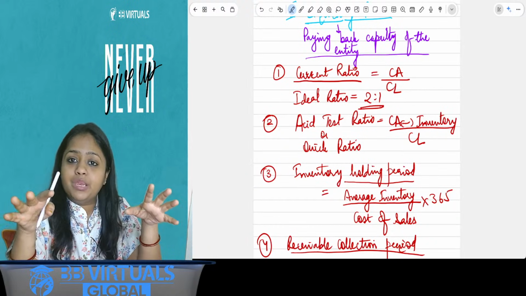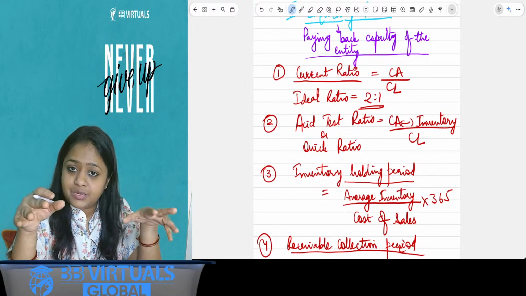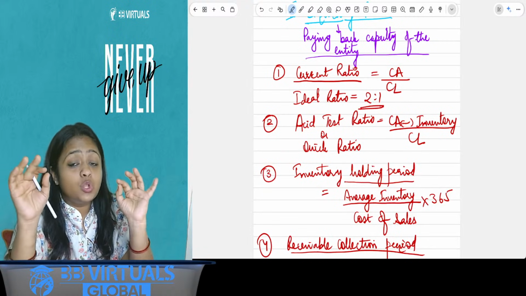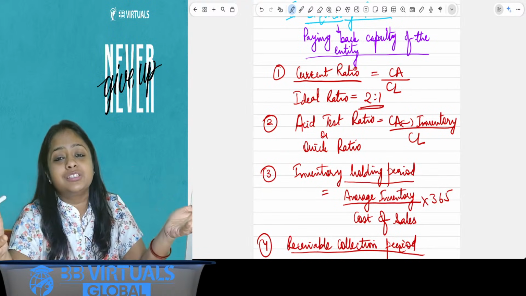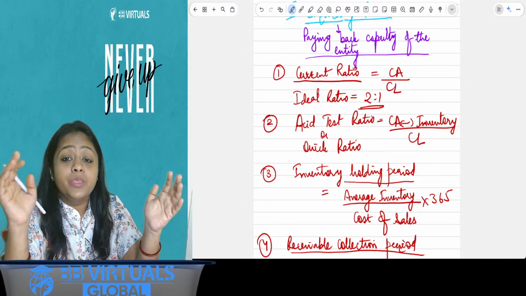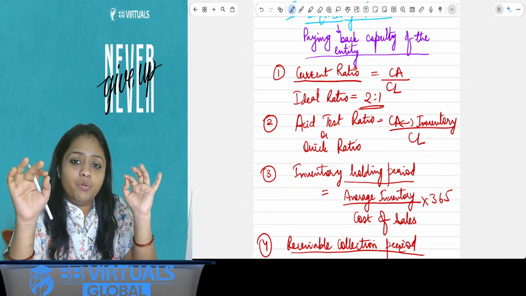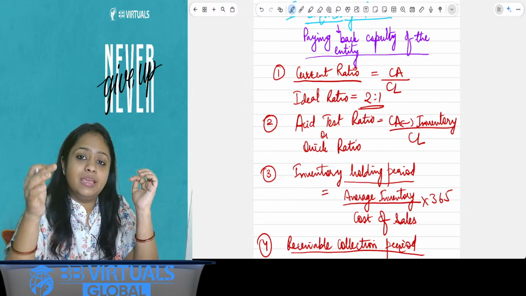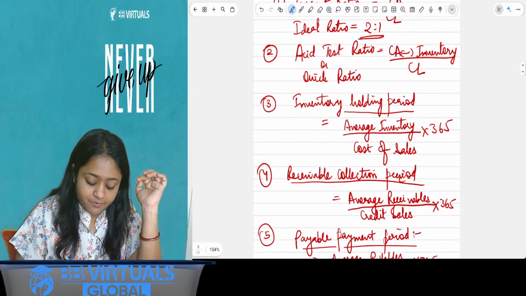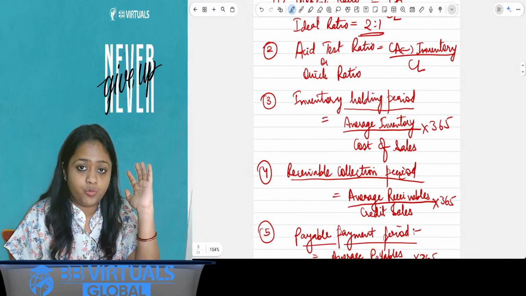Here, from the current assets we reduce the slowest moving item of current assets, which is inventory. So we reduce inventory from it and take the quick assets, or the liquid assets only, and then we divide it by current liabilities and we see the quick ratio.